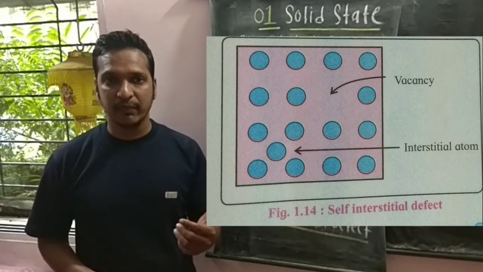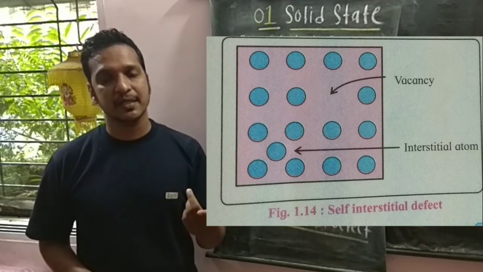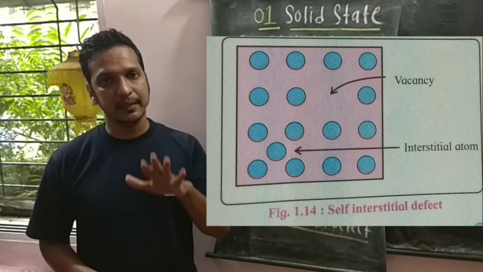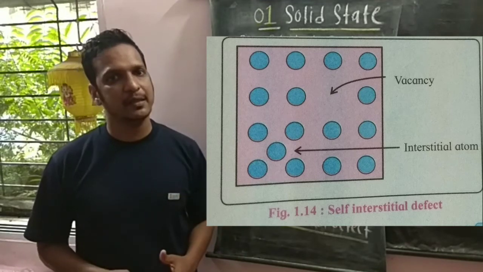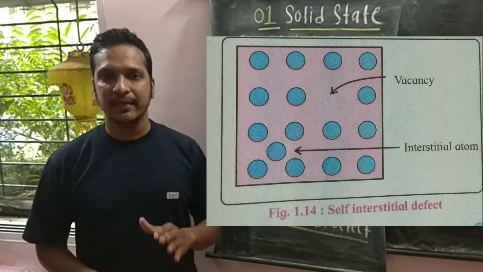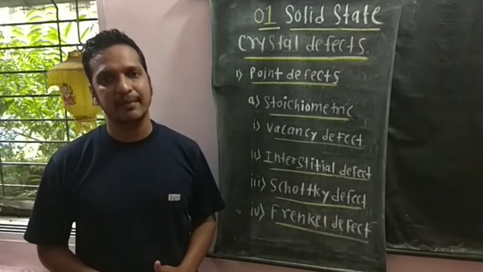In the first way of interstitial defect, there are extra particles, therefore the mass increases, therefore the density increases. But here the particles only leave their regular site and move to occupy interstitial place, meaning there is neither gain nor loss of mass, therefore the density of that substance remains constant.